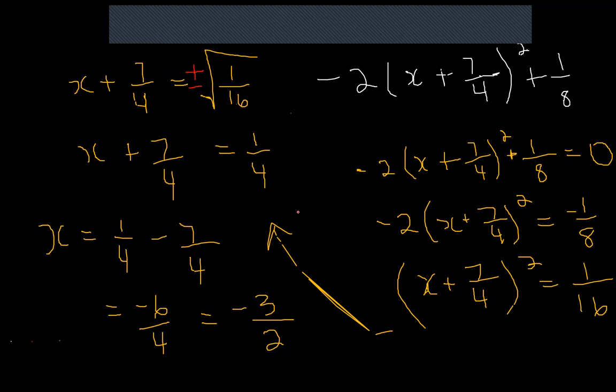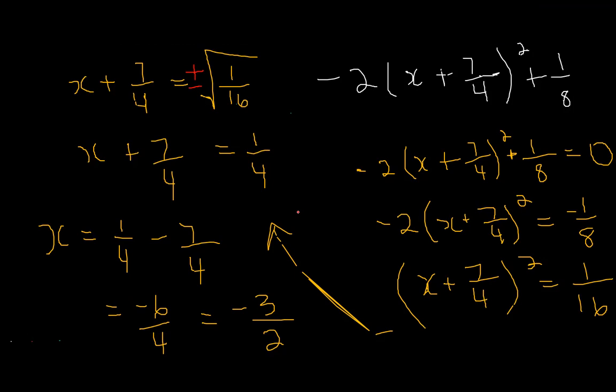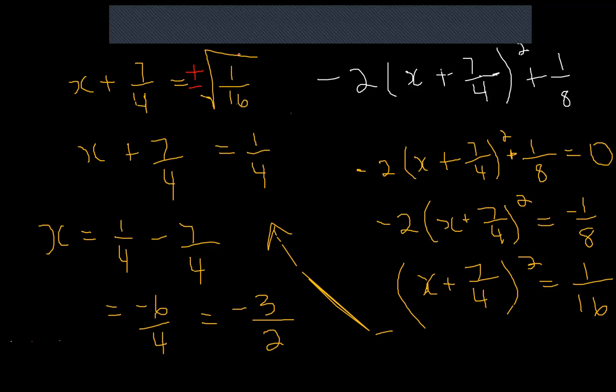You didn't learn about any plus or minus, but at this level, CSEC, it's very important for you to know that when finding the square root of a number, unless you're told otherwise, you have to find the positive square root of 16 and the negative square root of 16. When finding square roots, always positive or negative, unless you're told otherwise.